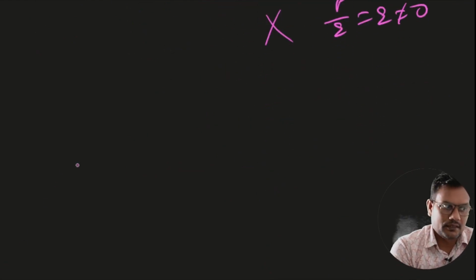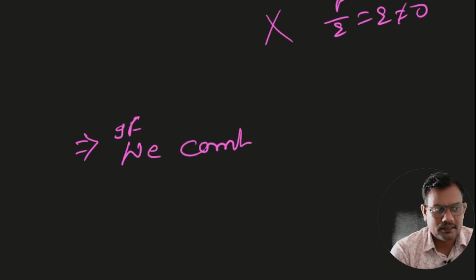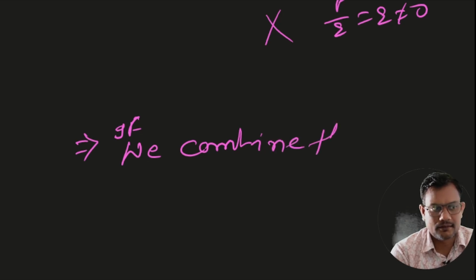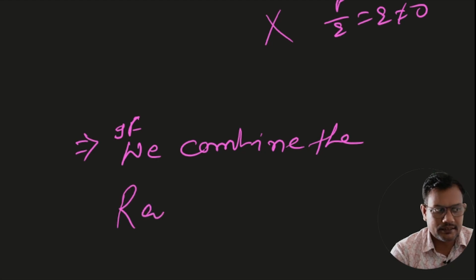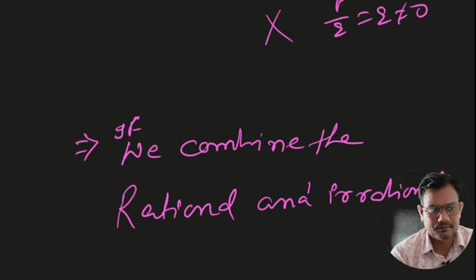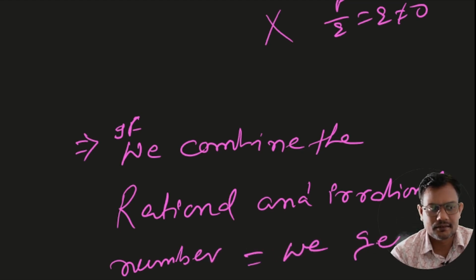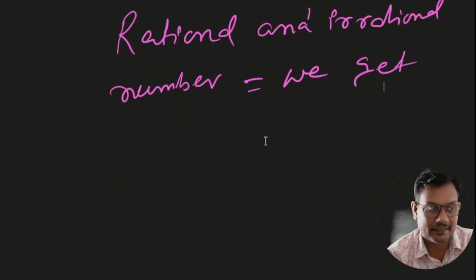Now, if we combine the rational numbers and irrational numbers, what do we get?